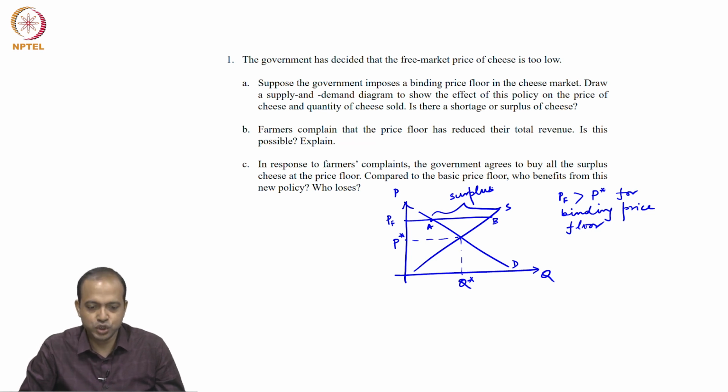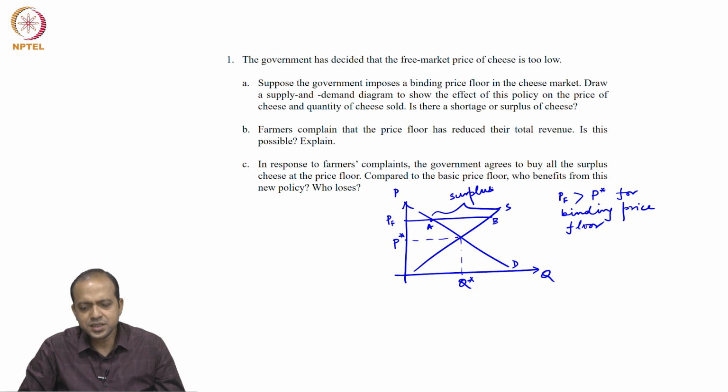Then the next question: farmers complain that the price floor has reduced their total revenue. Is this possible? If yes, we need to explain. So, when there is a surplus in the market, price is increasing. So, what will happen to the revenue for the farmers?